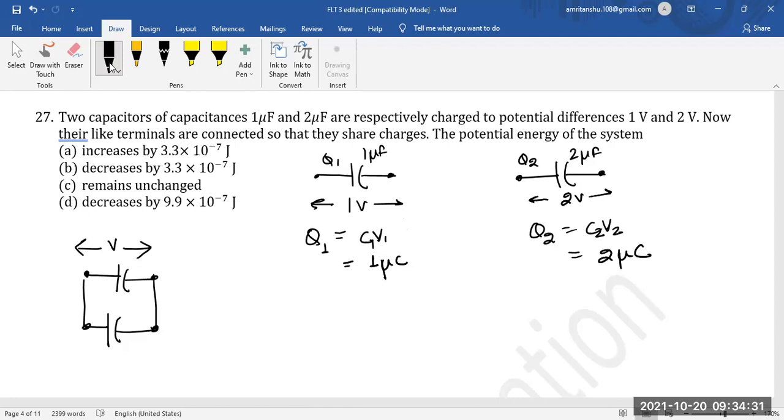Let's say this is charge Q1 dash and this is charge Q2 dash.